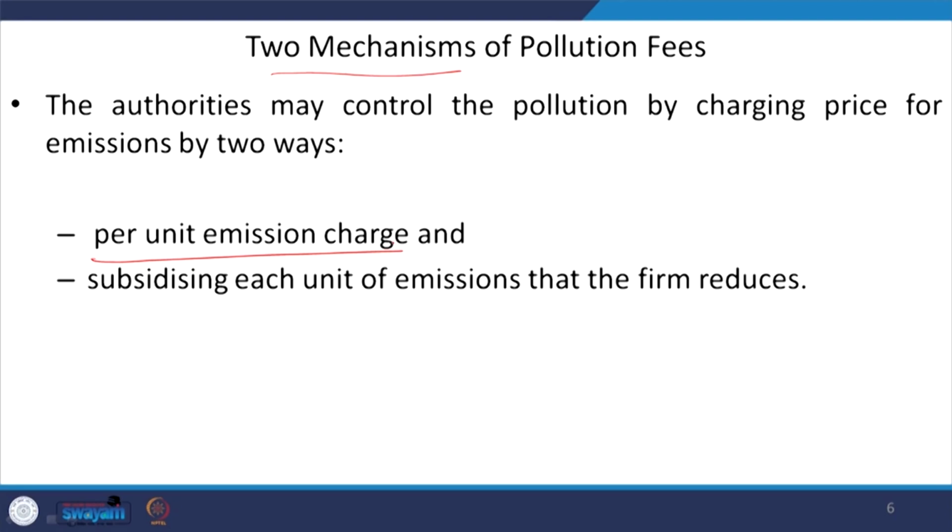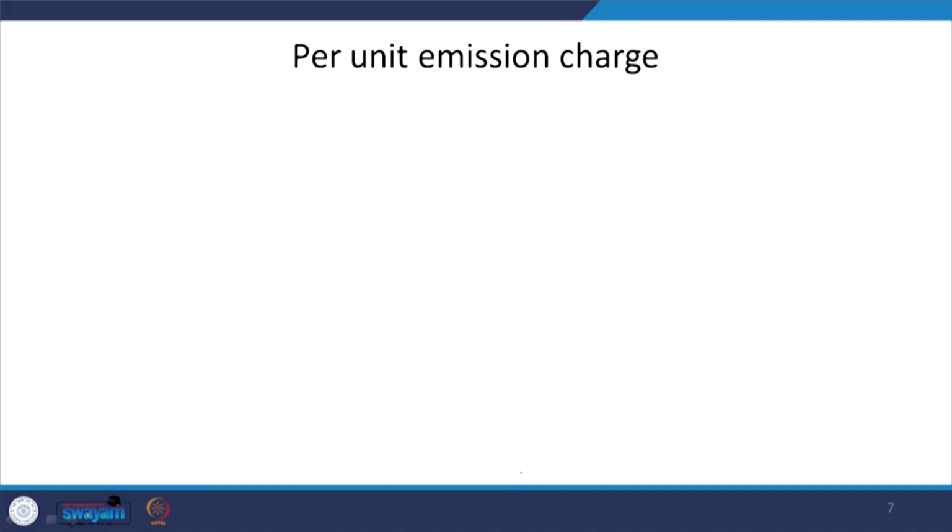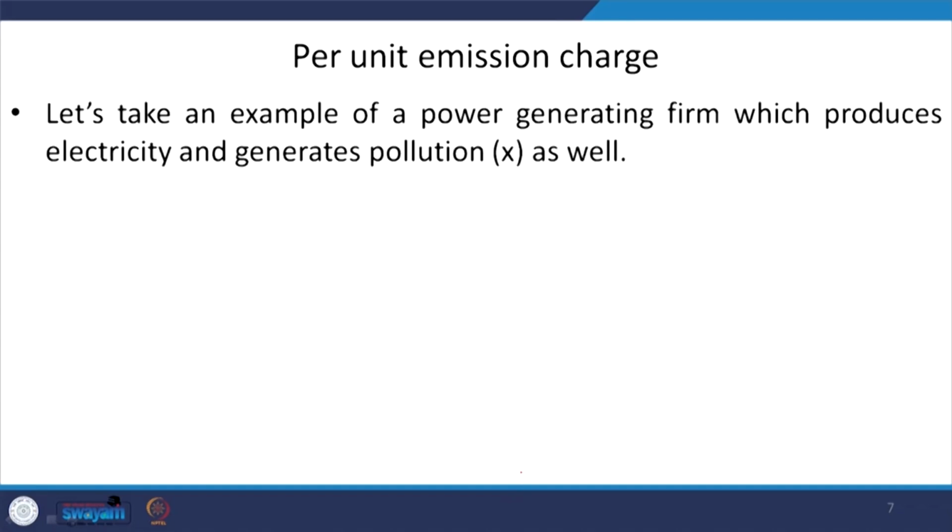And the second one is subsidizing each unit of emissions that the firm is reducing. So, the first way is that we impose a per unit emission tax, and the second is that we subsidize each unit of emissions that the firm is cutting back. Now let us discuss the first measure, that is the per unit emission charge. So, we can take an example.